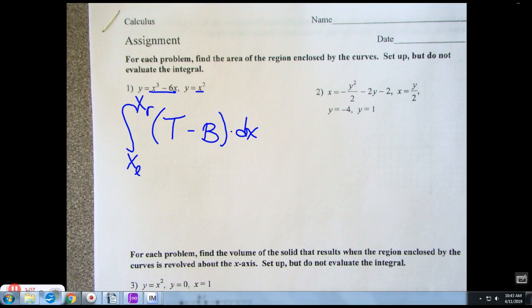How do I find these two, what I'm calling x left and x right? Use your solver. So set those two equal to each other in solver. Go ahead and do that and see what you get.